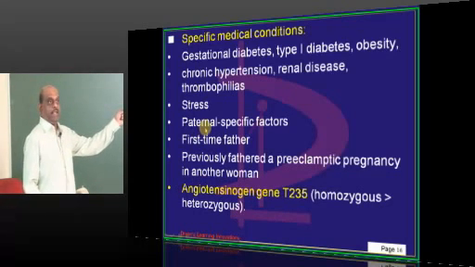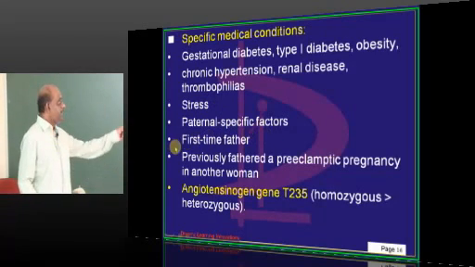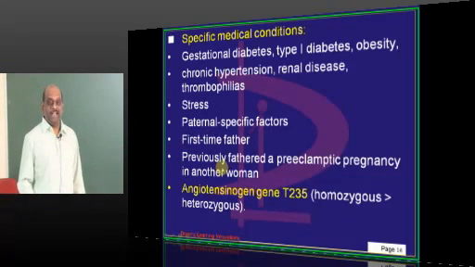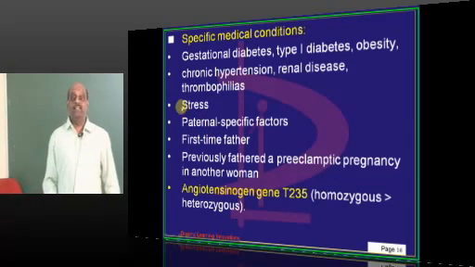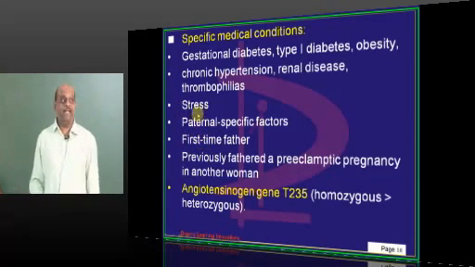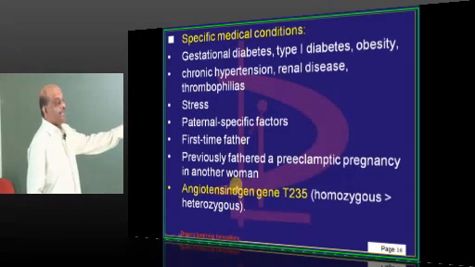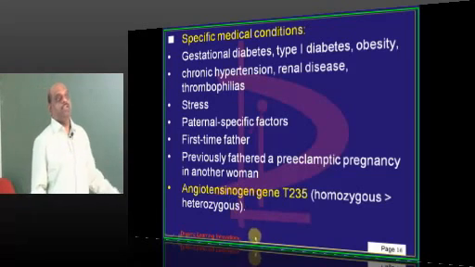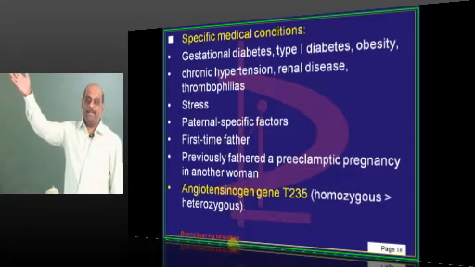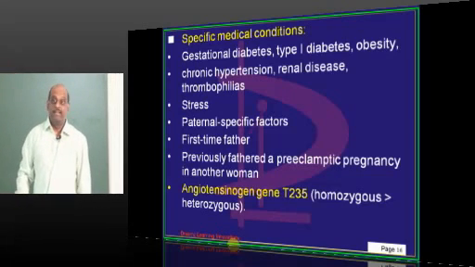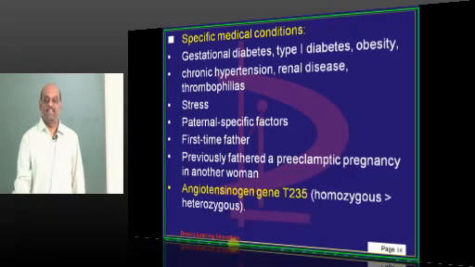Stress, then there are certain father specific factors also. First time father, there is nothing like first time mother. First time father is also a predisposing factor for the mother to develop preeclampsia. Then suppose a guy married, his first wife had preeclampsia, they divorced, and now he made another woman become pregnant, second marriage.